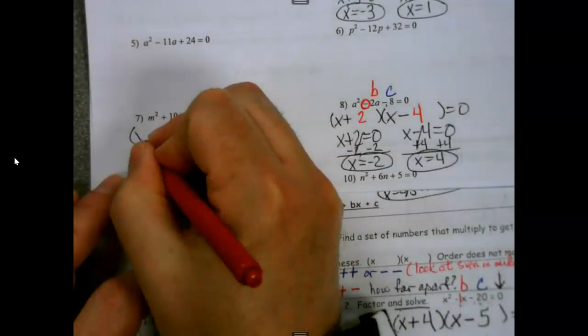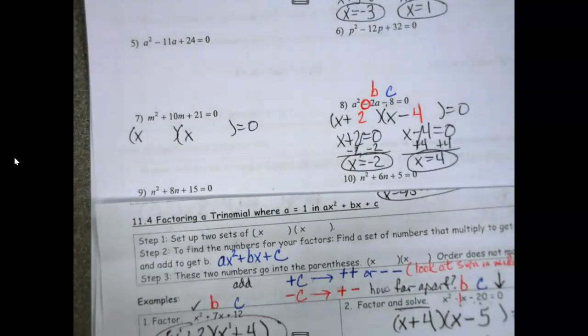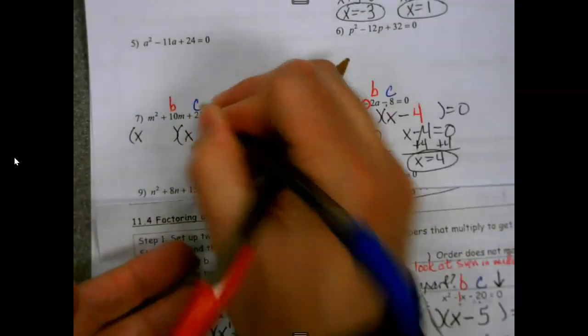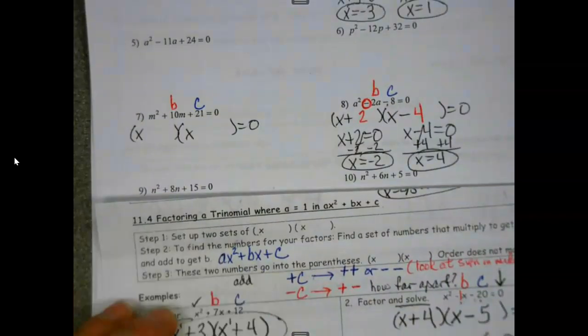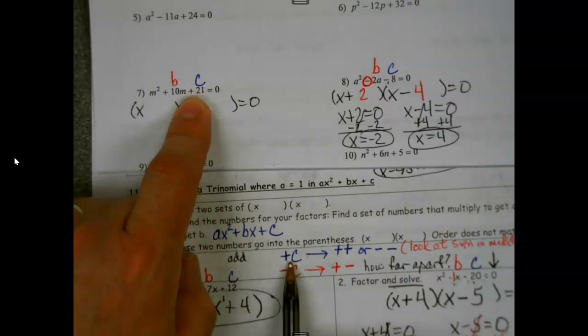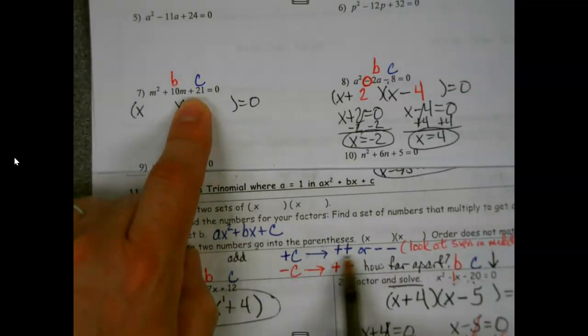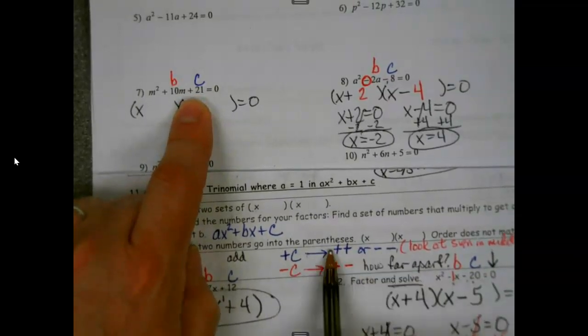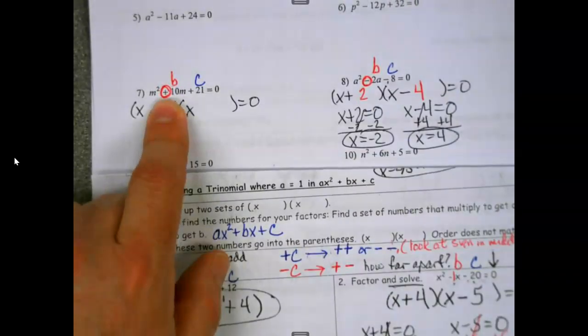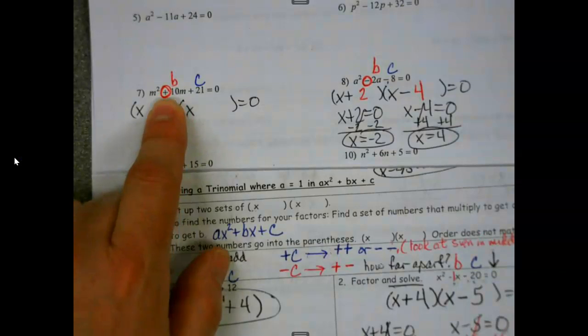If you get into a habit of doing the same thing on every problem, it just gets you used to doing things. So I look this time and I'm like, okay, the C value is plus because I got it in my notes. Are they both going to be positive or both negative? Again, the sign in the middle tells me what I need to know.